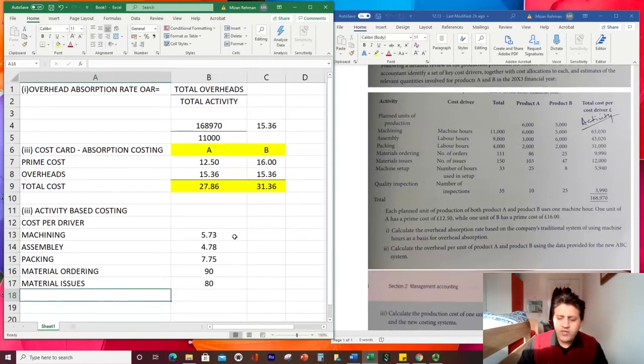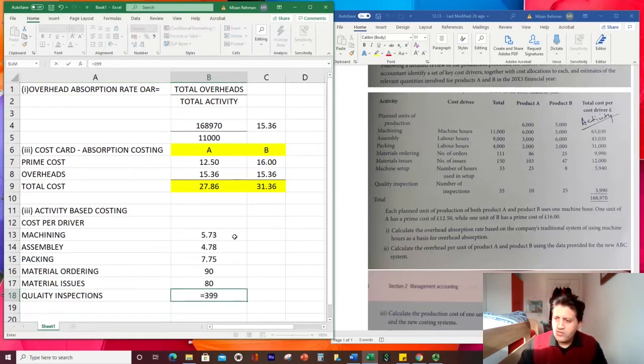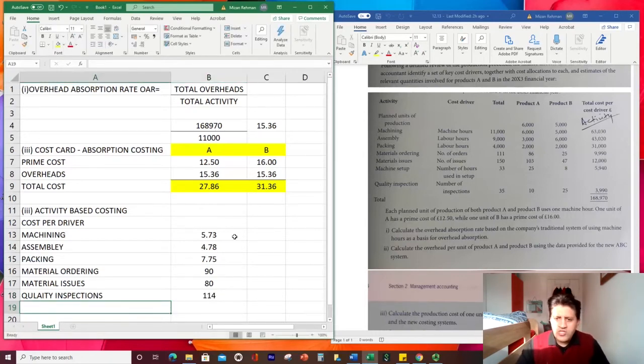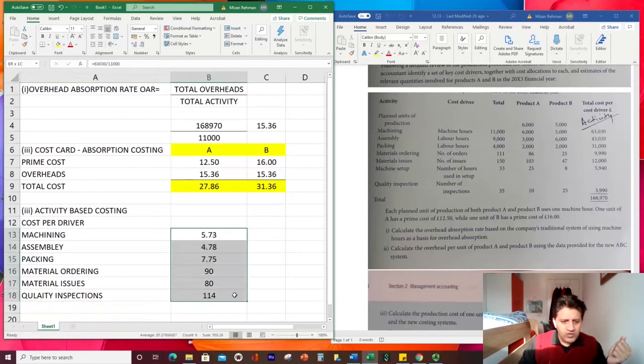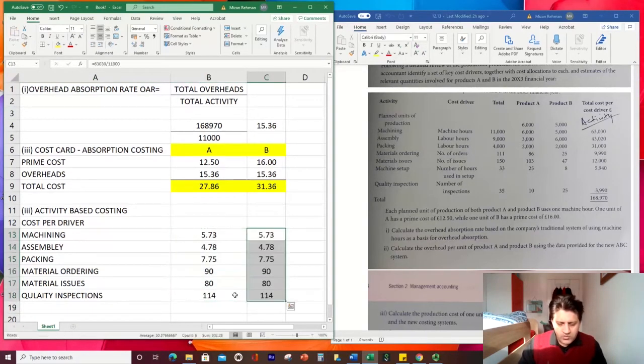So each time a product issues, it costs £80. And then we have quality inspections. The total cost is 3,990 divided by 35, so each inspection costs £114. So that's basically the idea for these. I will show you the working for these now, so that you can actually work out how this was calculated.